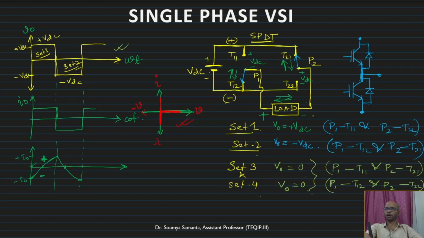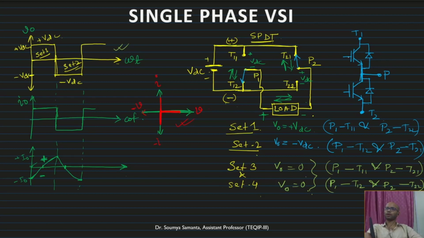If I mark the 3 terminals, can we not say this is the pole P, and this is T1 and this is T2.